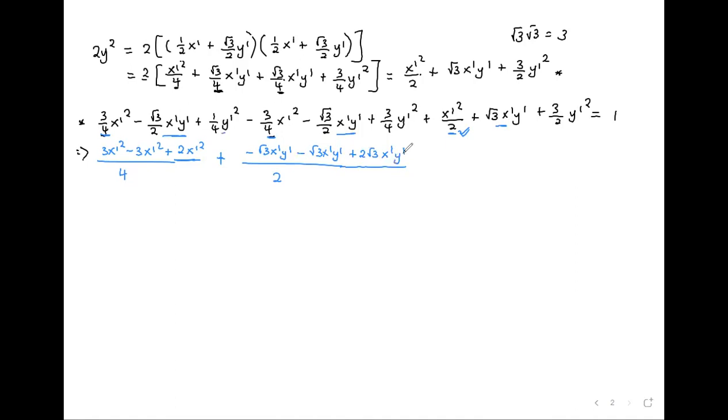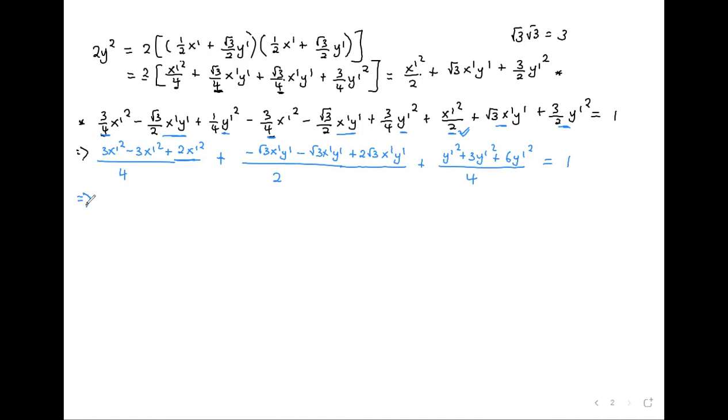Then we get to the y. The common denominator also is 4. So we'll have y prime squared, plus 3 y prime squared, and plus 6 y prime squared is equal to 1.